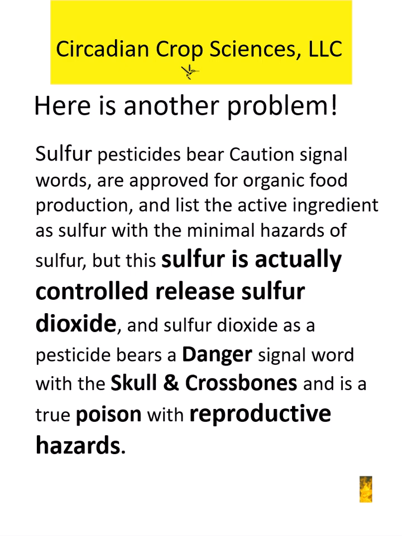And sulfur dioxide, as a pesticide, bears a danger signal word with the skull and crossbones and is a true poison with reproductive hazards. So sulfur is hiding under this warm and fuzzy cloak of organic and caution when it really is one of the most harmful pesticides on the market.